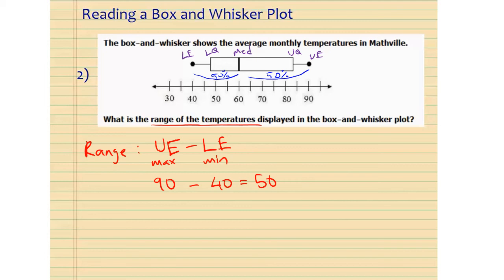That means in this monthly temperature list, half of the temperatures are located between 40 and 60 degrees, and the other half of temperatures are located between 60 and 90 degrees. All of the temperatures are located between 40 to 90 degrees.